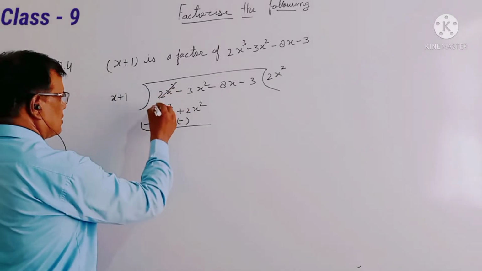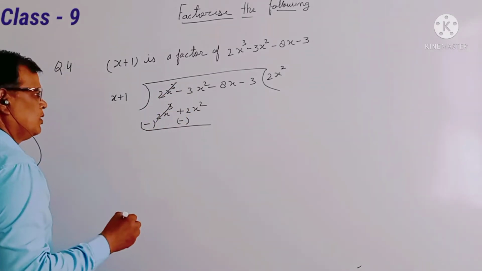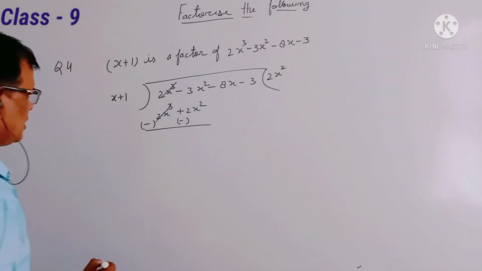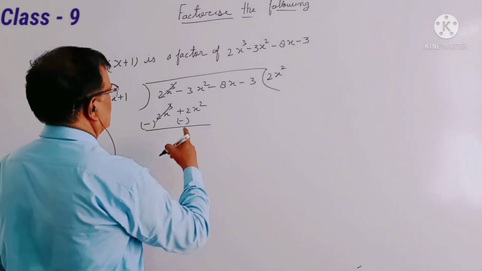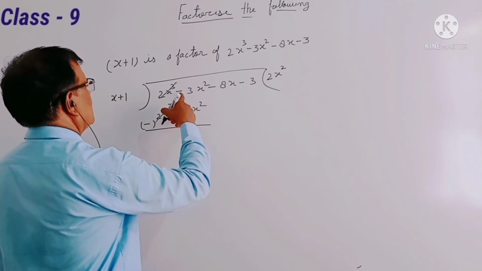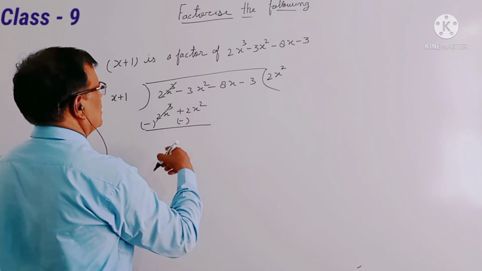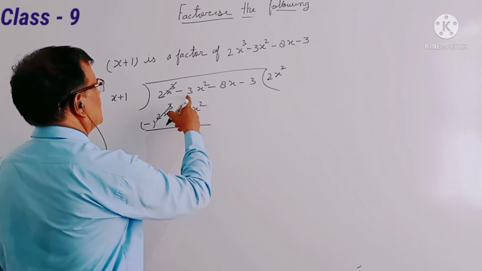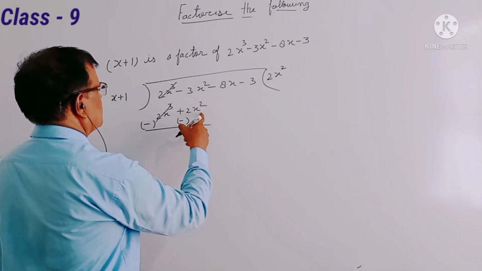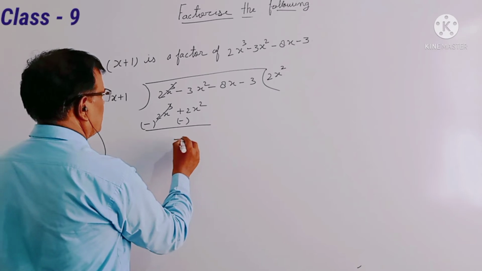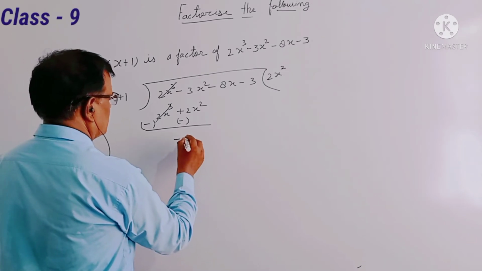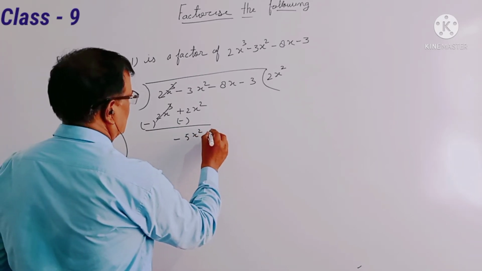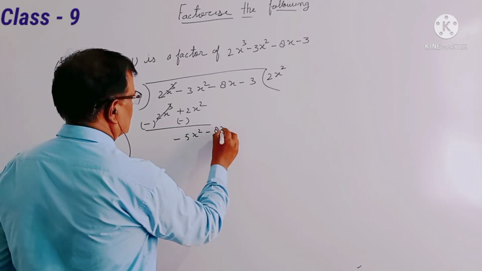Now we cancel first term to first term because its value is equal and opposite sign. Now we check the second term, it is minus, it is also minus, it is 3x square, it is 2x square. Now it will be 3 plus 2, 5x square, then it is minus 8x.